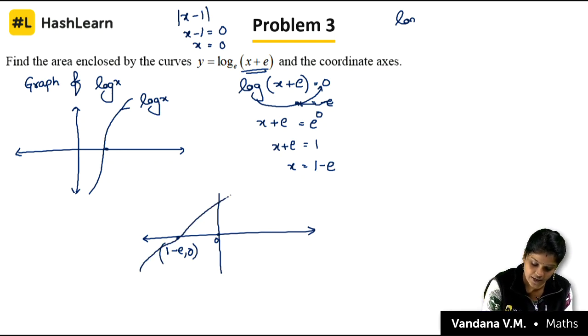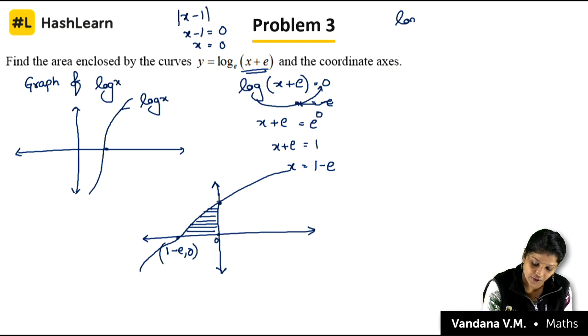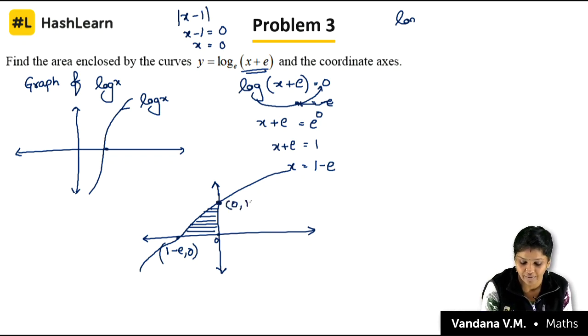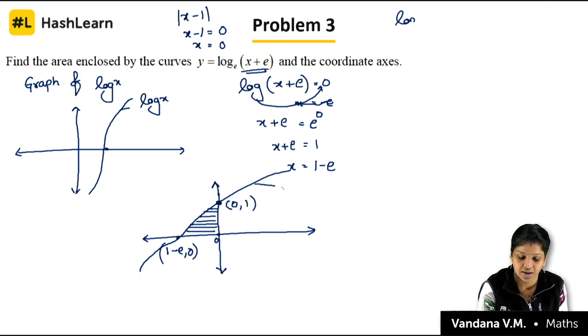The graph will be like this. This area I have to find out. Here x value is 0 and y value is 1. This is the graph for log of x plus e.